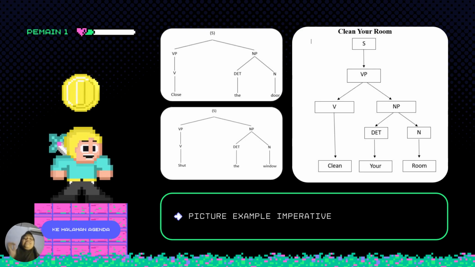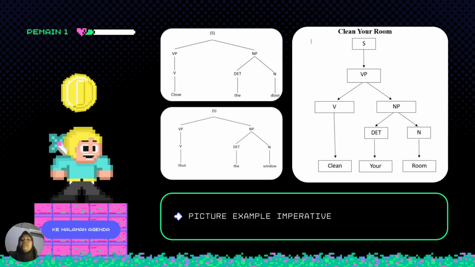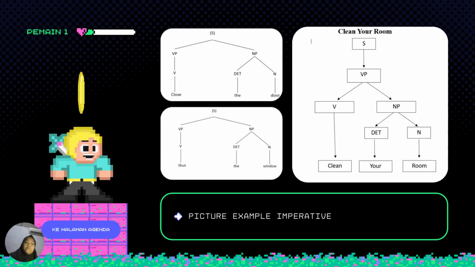The last example is clean your room. The verb is clean, and the noun phrase has a determiner and a noun. The determiner in clean your room is your, and the noun is room.